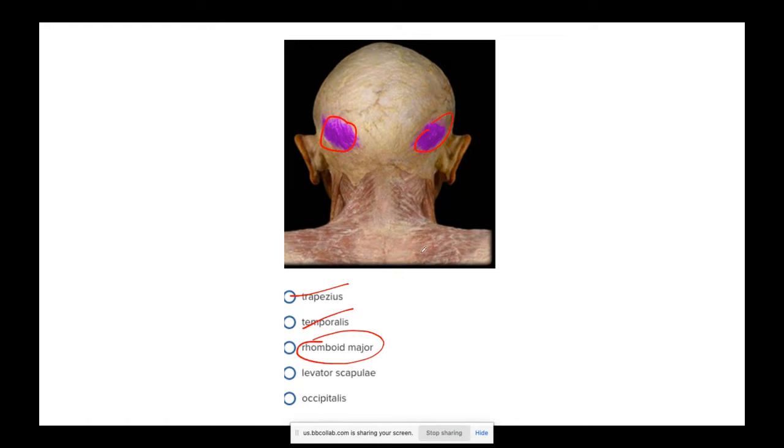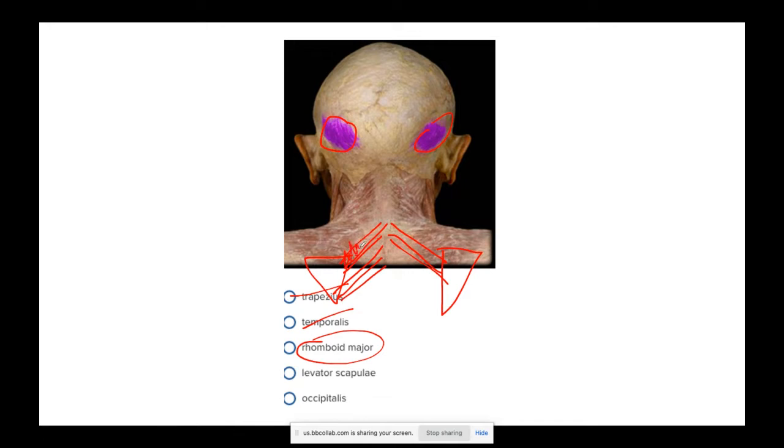Rhomboid. Well, rhomboids, I'm going to draw a scapula here, and I'm going to draw another scapula here. The rhomboids go from the spine to the scapula on both sides, like this. And that would be rhomboid minor, and then rhomboid major would be a little bit lower.